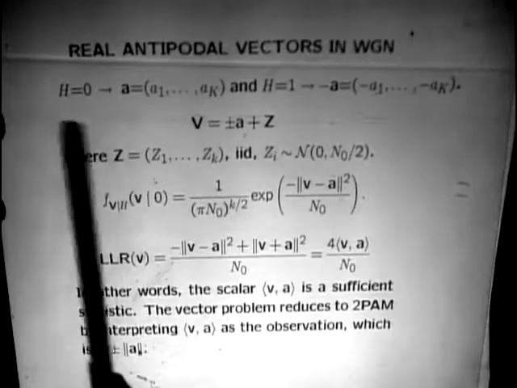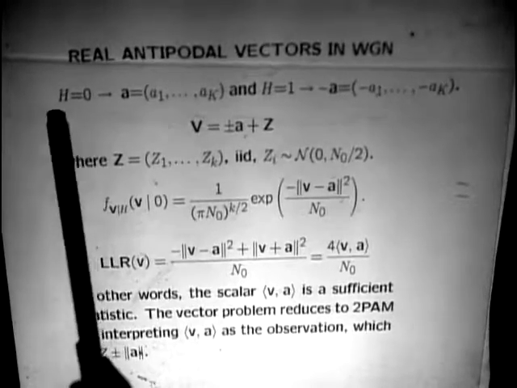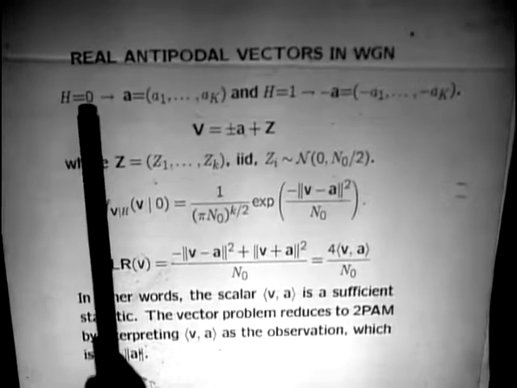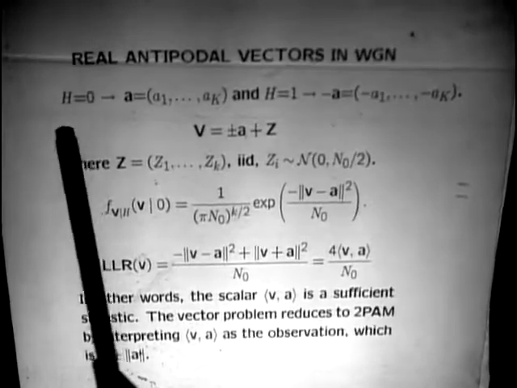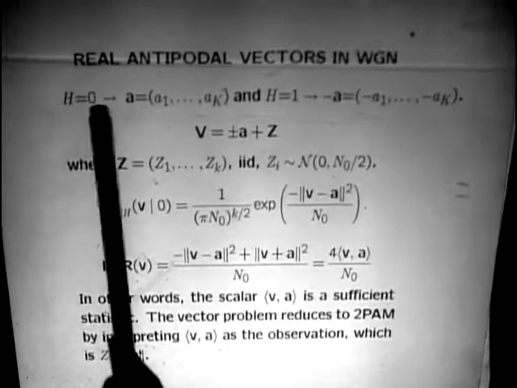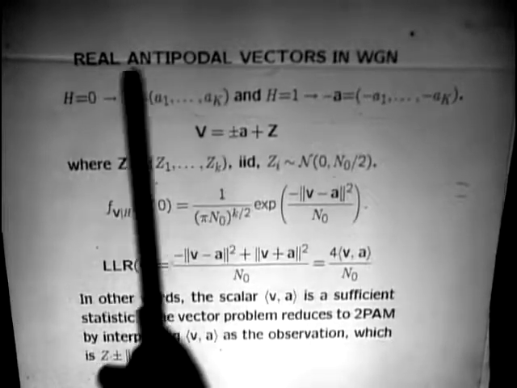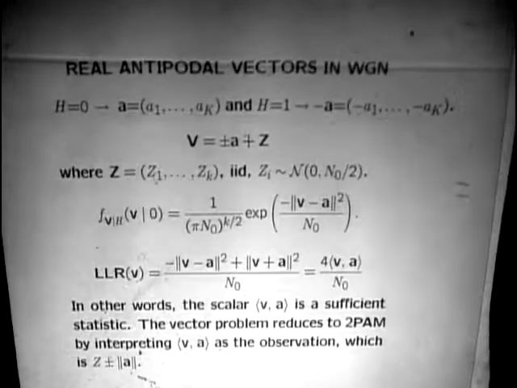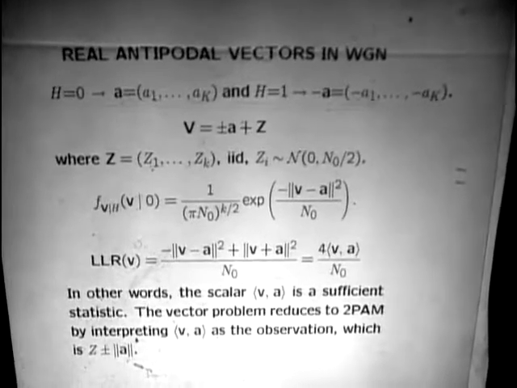Okay, so here what we're going to do is to assume that under the hypothesis h equals 0, in other words, conditional on a 0 entering the communication system, what we're going to send is not something in a single degree of freedom, but we're actually going to send a vector.